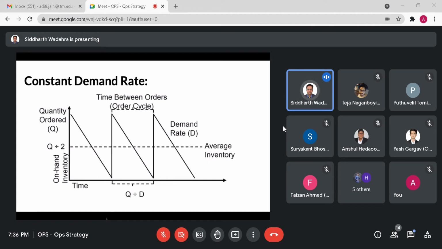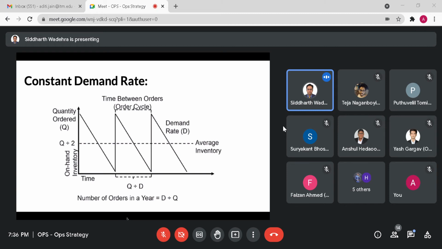So when we are calculating the number of orders in a year, let's move on to the next one. The number of orders in a year is going to be based on the annual demand, the entire annual demand for the whole year, divided by the quantity that you order every time you place an order.